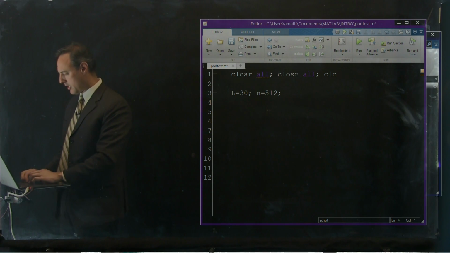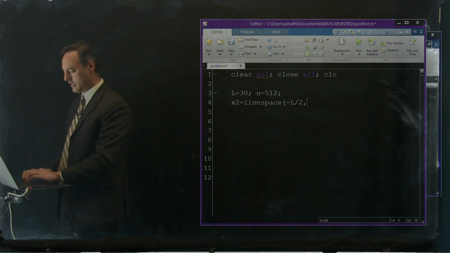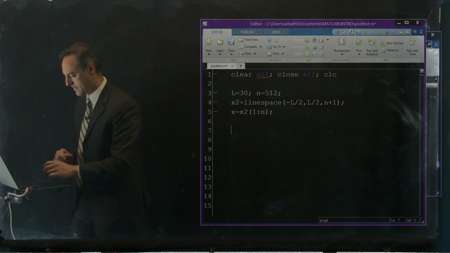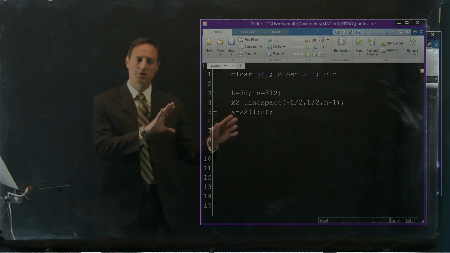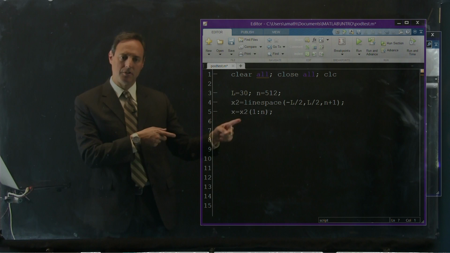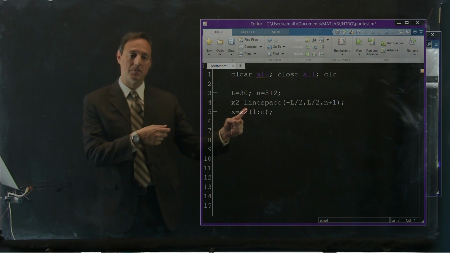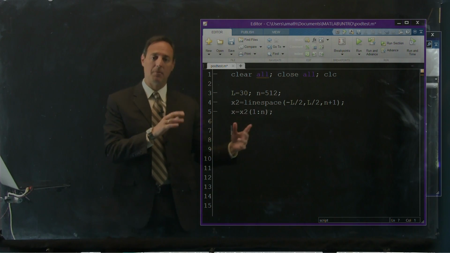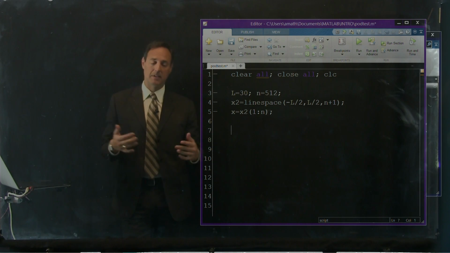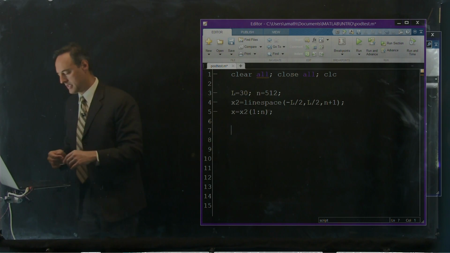I'm also going to define my x variables. x2 is equal to a linspace that goes from negative L over 2 to L over 2 in n plus 1 points, and x is equal to the first 1 through n of those points. So I've got my domain defined. Remember, this is the fact that it's periodic boundaries for the Fourier modes. I'm going to use Fourier mode expansion to solve this.